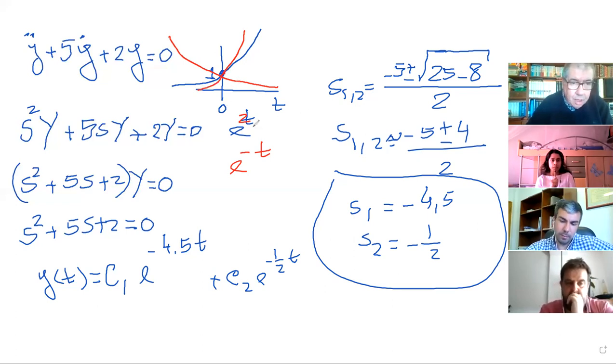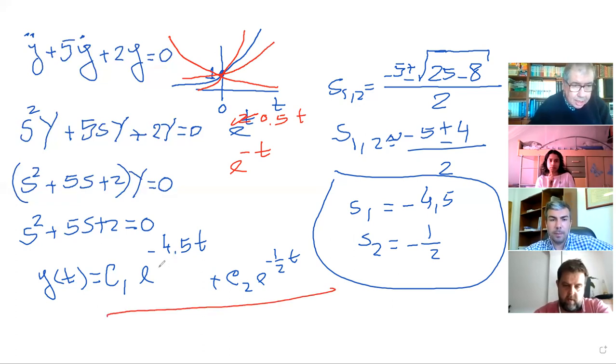If you have, say, 0.5t, this goes slower, but always increases. What is important is the sign. And also here, it's faster or slower. So in all the solutions, you have here a negative exponent and here a negative exponent, they go to 0.